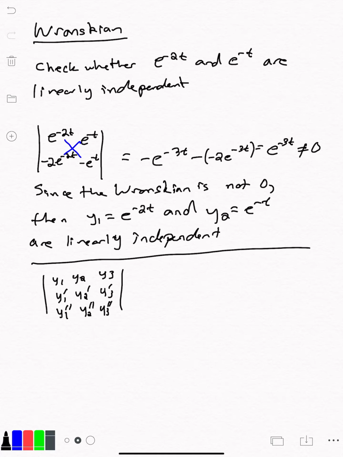If you work all this out and ask whether it's 0 or not, then you can determine whether these things are independent or dependent. Now, I'm not going to make you do a 3-function one, but I could very easily ask you to do a 2-function one. And this is the main thing for this section: how do you check whether functions are independent or not.